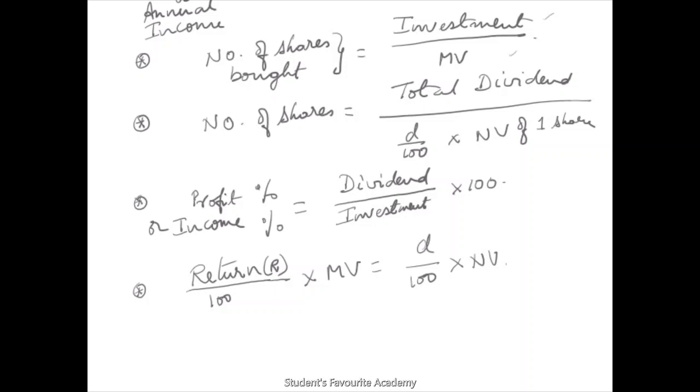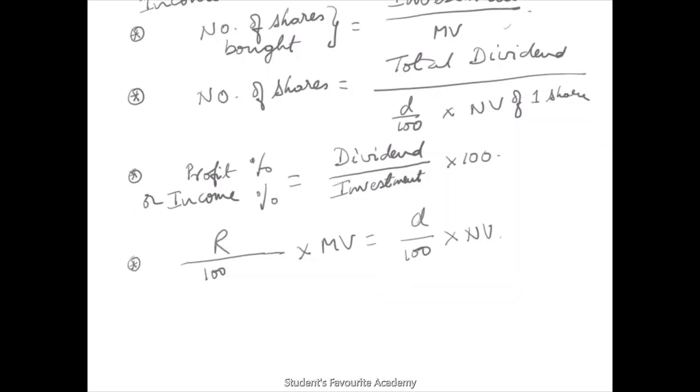So this is another formula which you have to remember: R upon 100 into MV, that is market value. This is return percent. Don't get confused. This return is R percent, so it is better you write R only here.